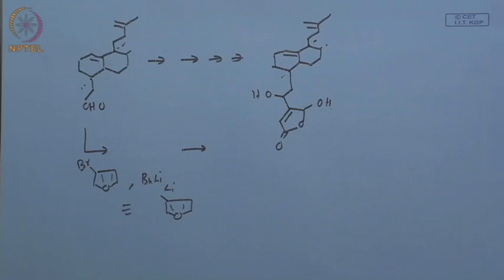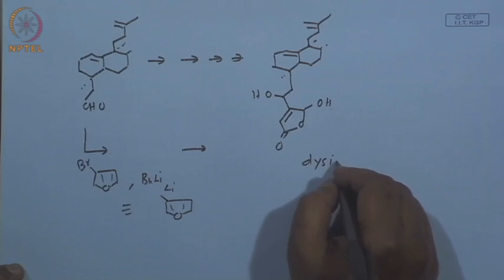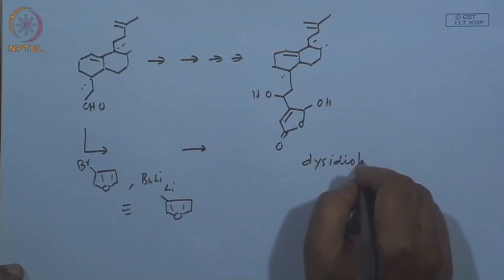If you are not well versed with furan chemistry, you will see most of the natural products, this is also a natural product, this is also a natural product, named as idiolite.